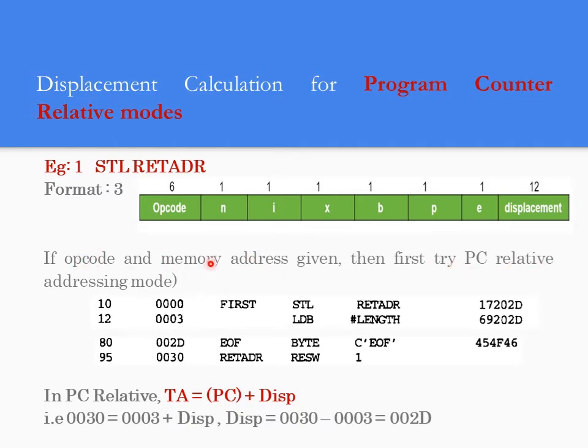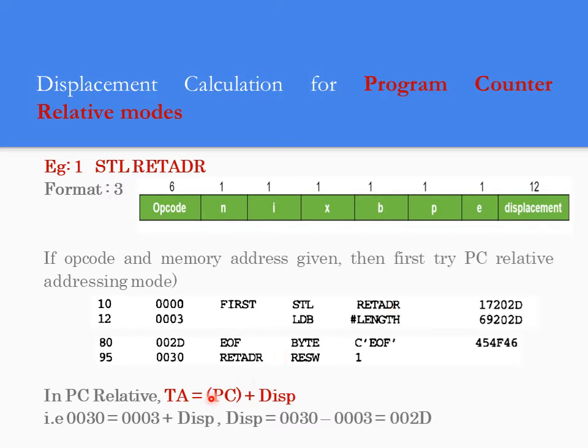So if the opcode and memory address are given, look at the instruction STL RETADR. We don't know whether PC relative or base relative addressing mode is used here. So what will you do? Calculate the displacement.